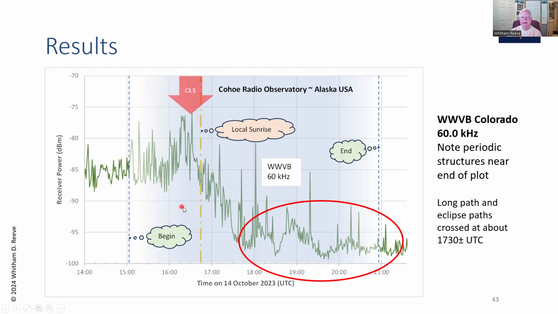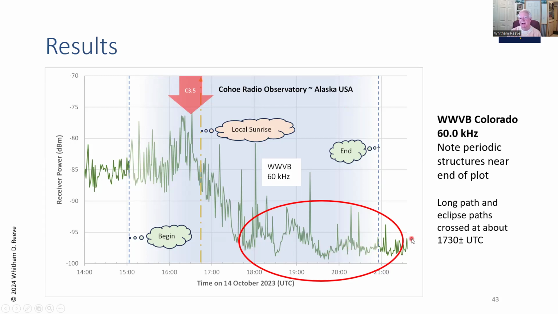But again, there's nothing here that I can say is exactly what I was expecting to see from the eclipse. But I do see a periodic structure down here again in the afternoon, in the later part of the eclipse, with about a one hour period roughly.